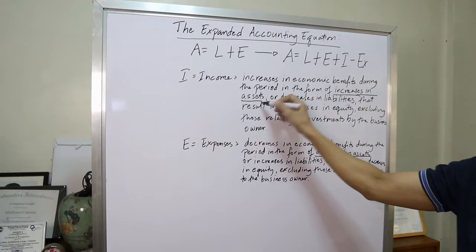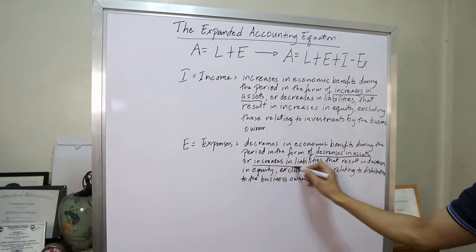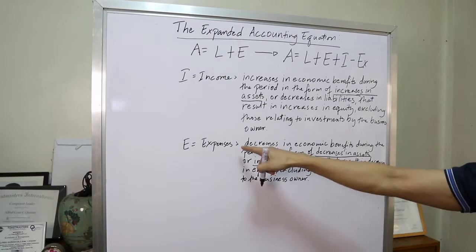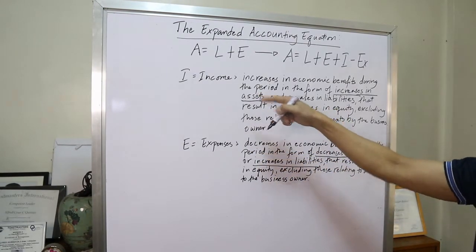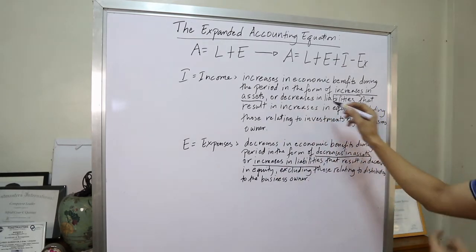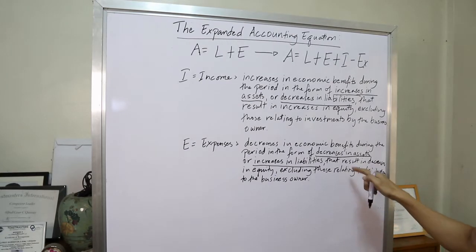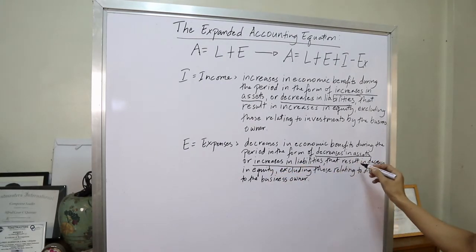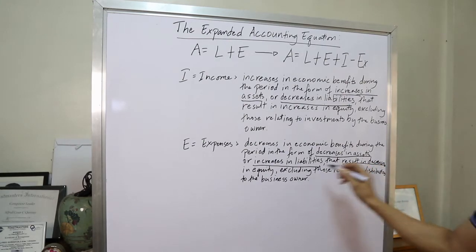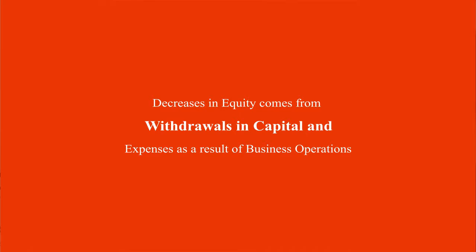So dun sa expenses, increases in liabilities, and dun naman sa income, decreases in liability. So kung ano lang yung kabaliktaran, that results in decreases in equity, excluding those relating to distribution to the business owner.